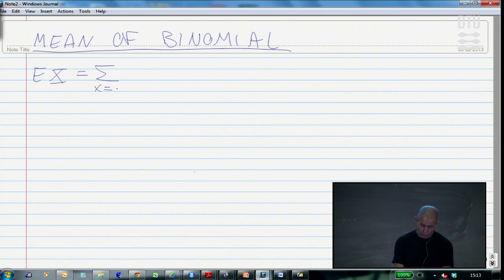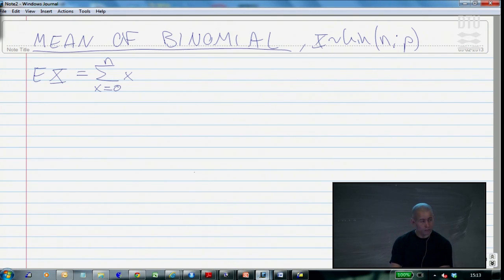We would have to go through all the possible outcomes, if we assume that x follows a binomial with n and p. We should go through all possible outcomes x and multiply by the density of x.